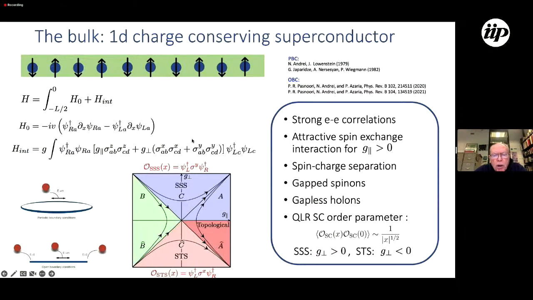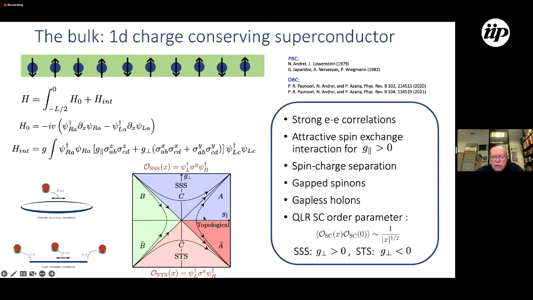So this model is anisotropic, so you see there is G parallel and G perp. I solved it in the isotropic line, as you see here, and Gia and collaborators solved it in the anisotropic case.